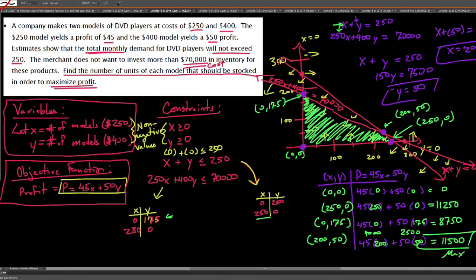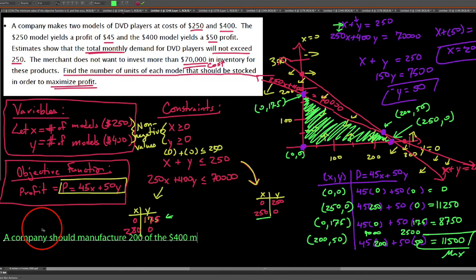So here comes the conclusion statement, basically what we can draw as a conclusion from this. But this one's a little bit different than the last two because we actually have variable values. So we should say this: a company should manufacture 200 of the $400 models and 50 of the $250 models.